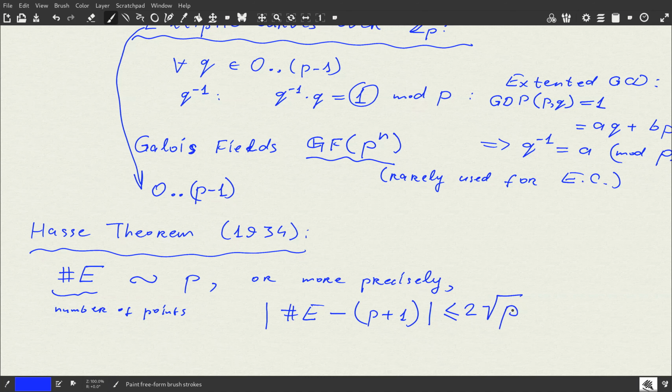So the deviation is quite large, as you see. On average, it is p plus 1, but it can deviate from that value by plus minus 2 times square root of p.